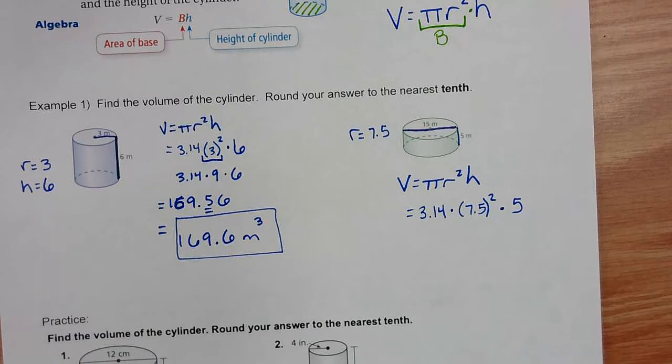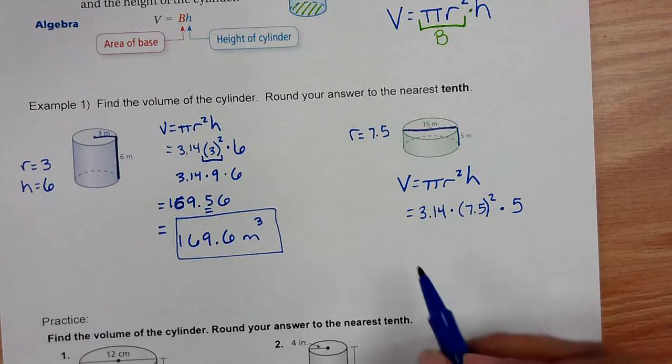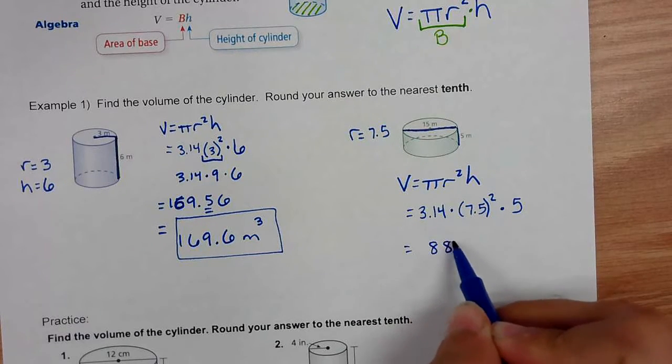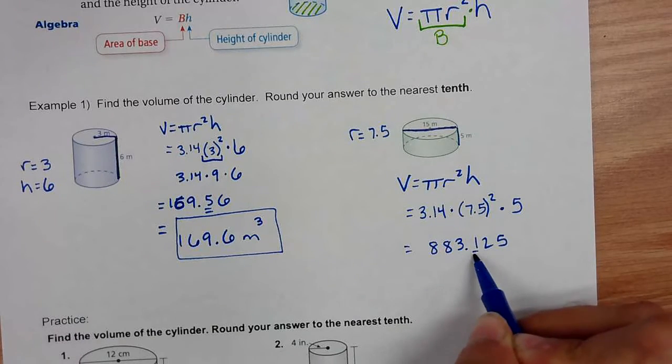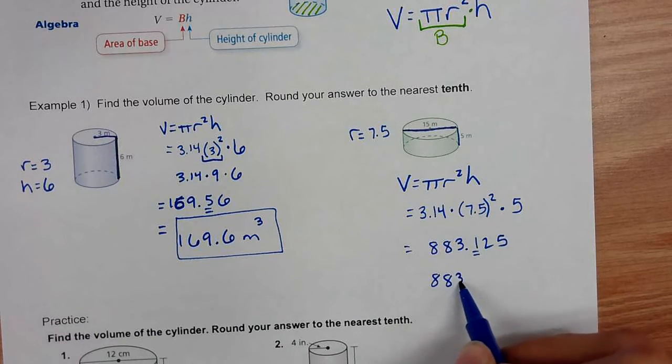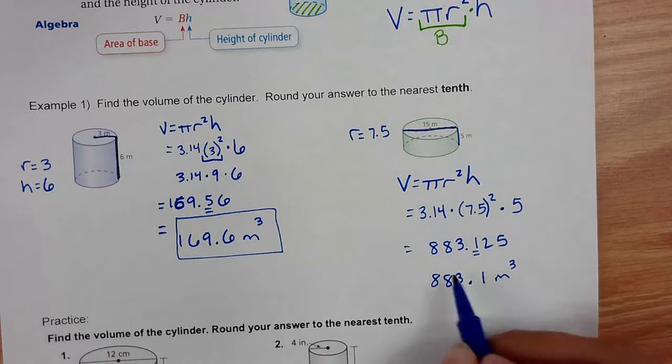We want to make sure to do 7.5 times 7.5 first, times pi times 5, and we get an answer of 883.125. We want to round to the tenths, so 883.1, again, meters cubed.